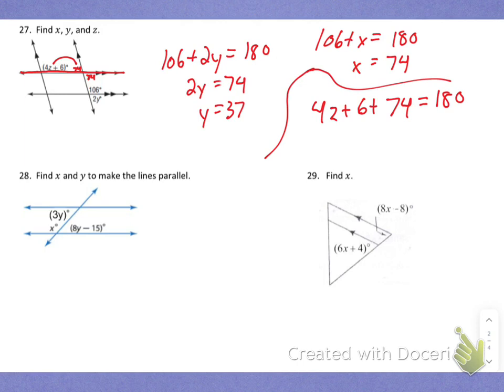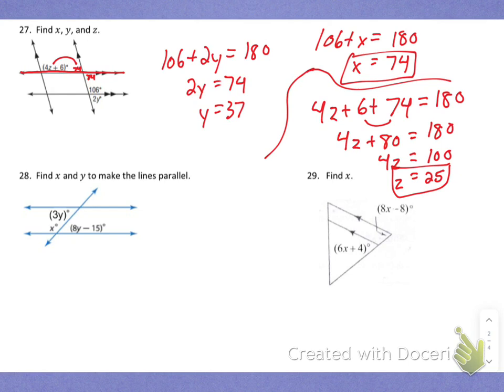Combine like terms: 4z plus 80 is equal to 180. I'm going to minus the 80 on each side, so 4z equals 100. Then 100 divided by 4, z is going to equal 25. So those are my three answers there. A little bit of work to be done, but just remember the vertical lines rule and things that are supplementary.